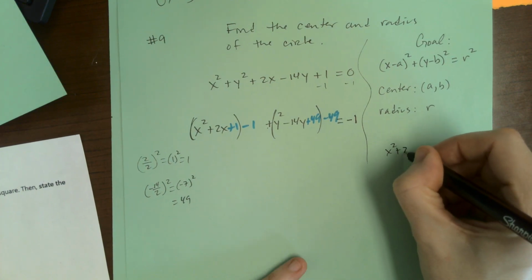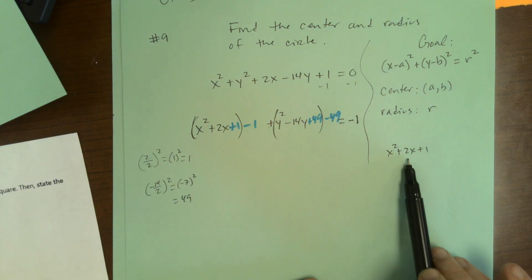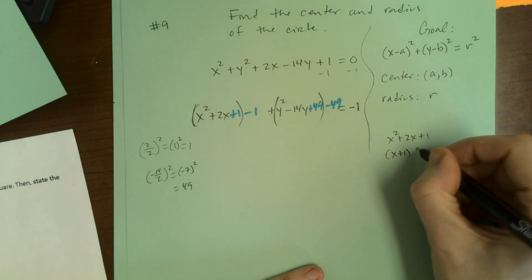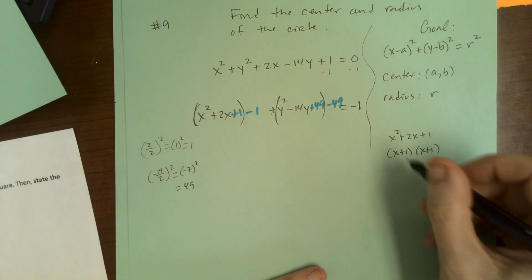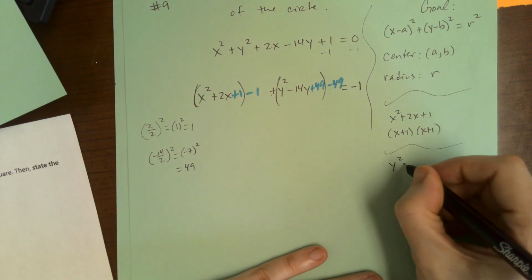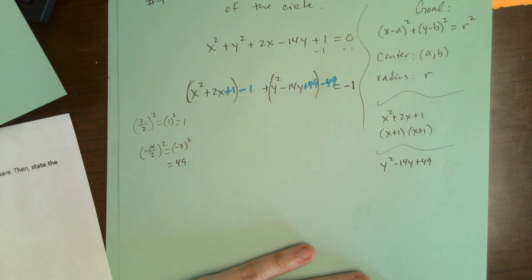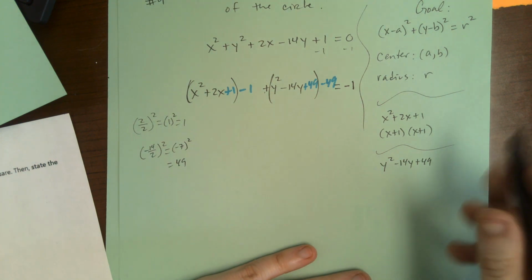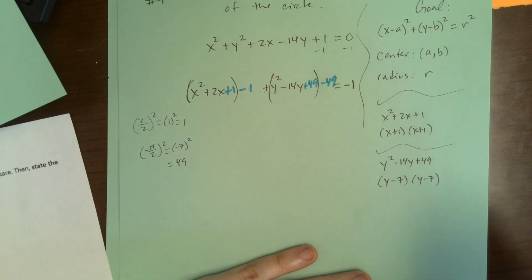I have x squared plus 2x plus 1. Two numbers that multiply to make 1 but add to make 2: x plus 1, x plus 1. The other one, y squared minus 14y plus 49. Two numbers that multiply to make 49 but add to make negative 14: y minus 7, y minus 7.